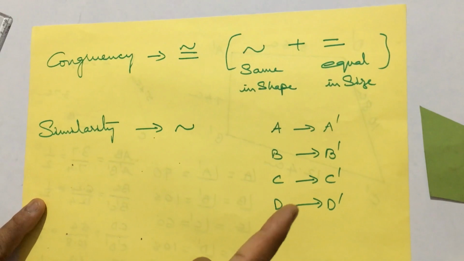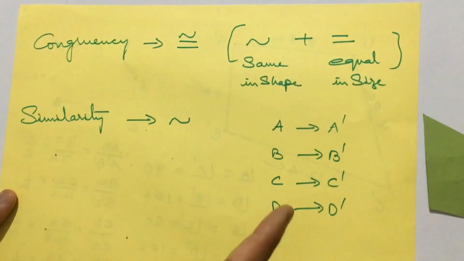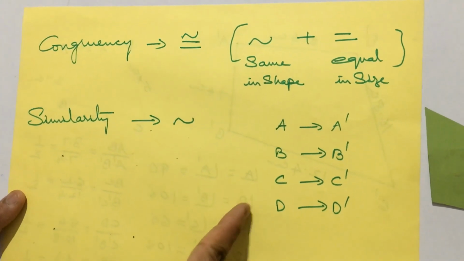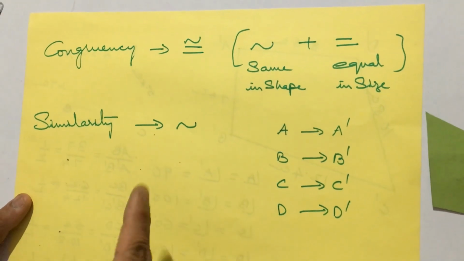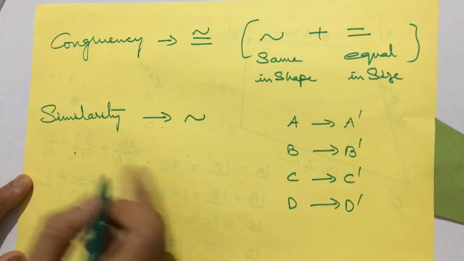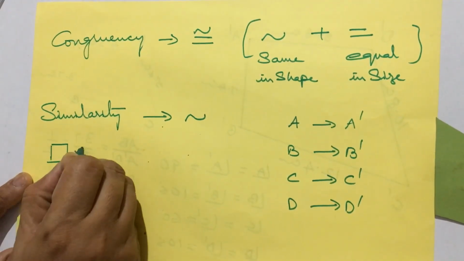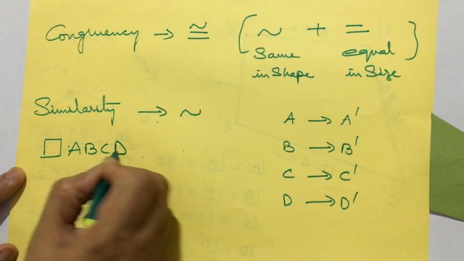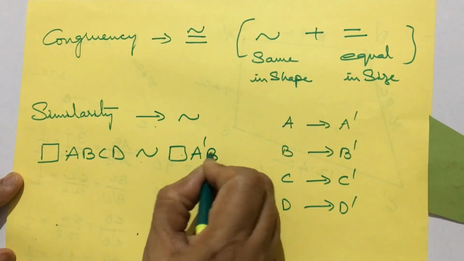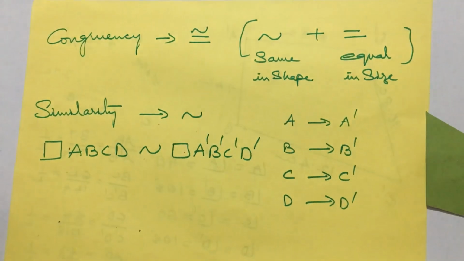This one-to-one correspondence we have already learned in previous classes. It is compulsory to follow it in this class also, or else the problem can be wrong. So for the above example, quadrilateral ABCD is similar to quadrilateral A dash B dash C dash D dash.